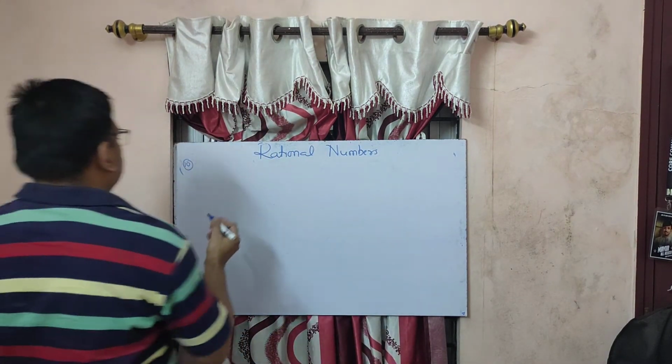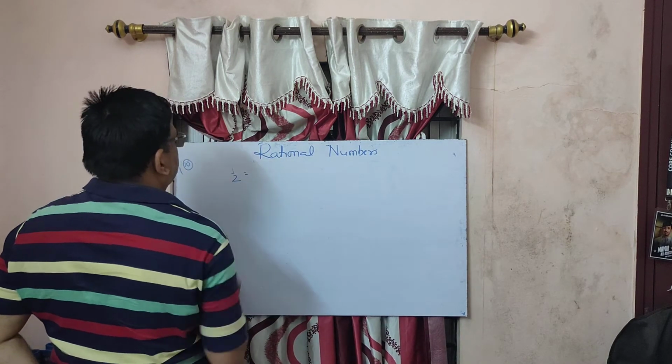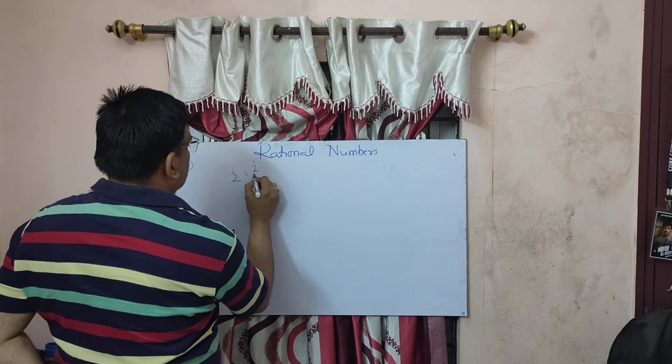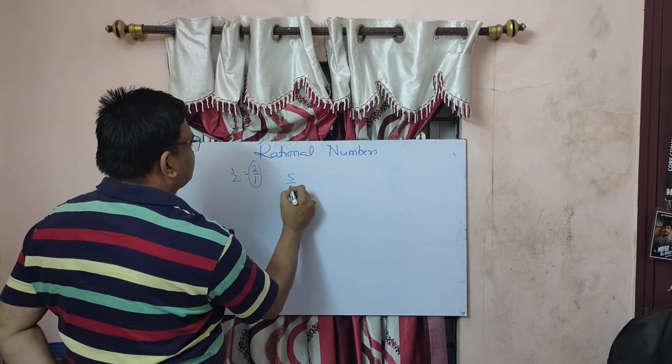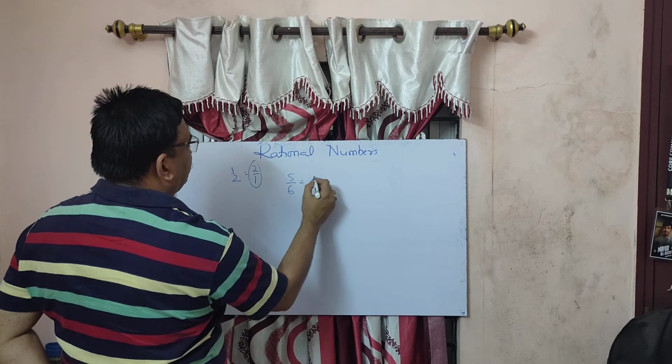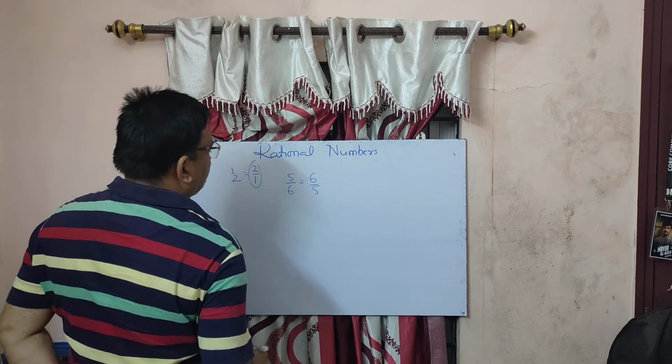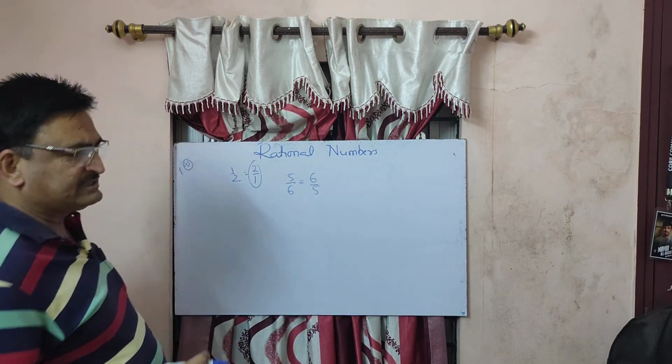For example, 1 upon 2, what is the reciprocal of it? That is 2 upon 1. So 2 upon 1 is still a rational number. For example, 5 upon 6, the reciprocal is 6 upon 5. So still this is a rational number.